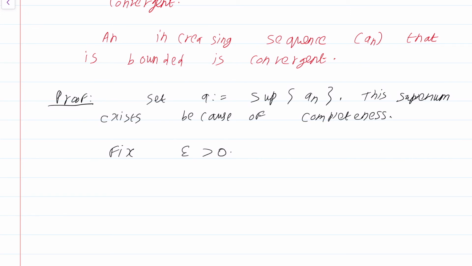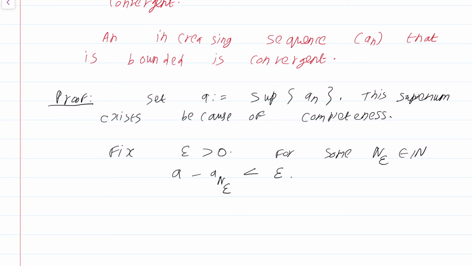In other words, for some n_epsilon in the natural numbers, A minus a_n_epsilon is less than epsilon.